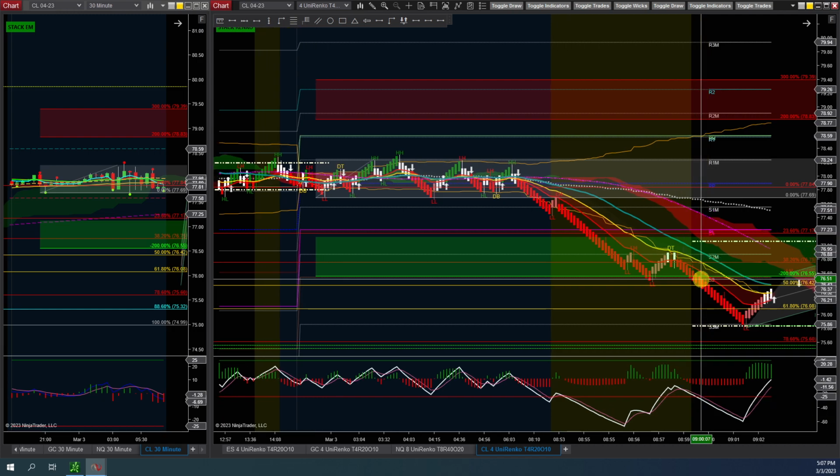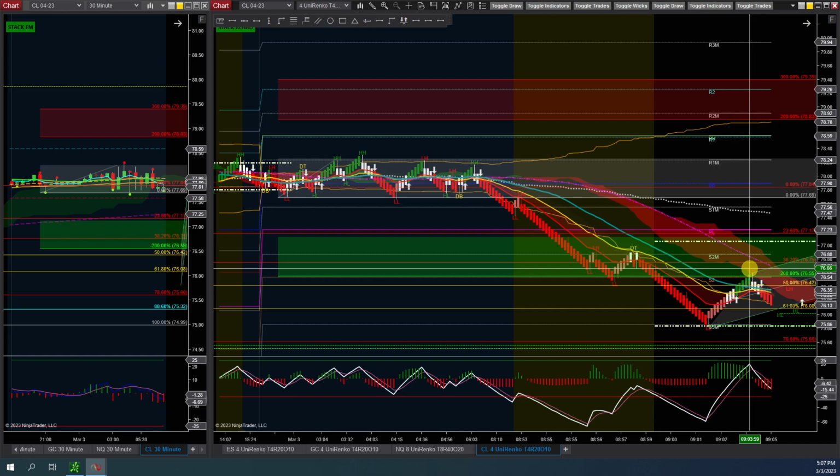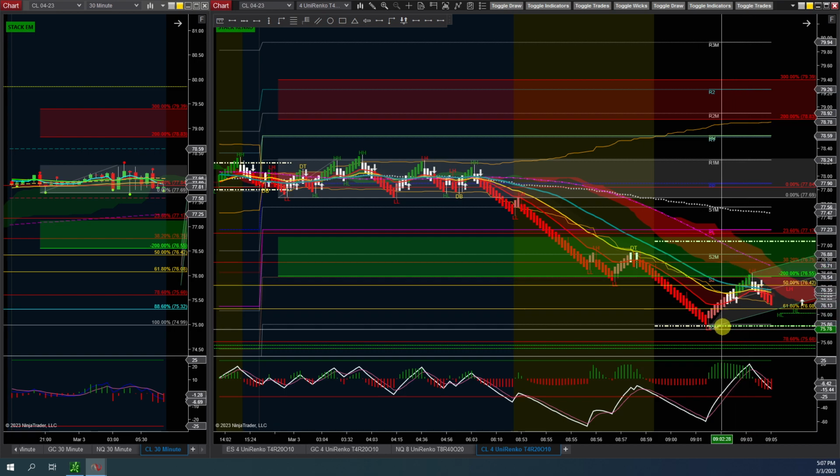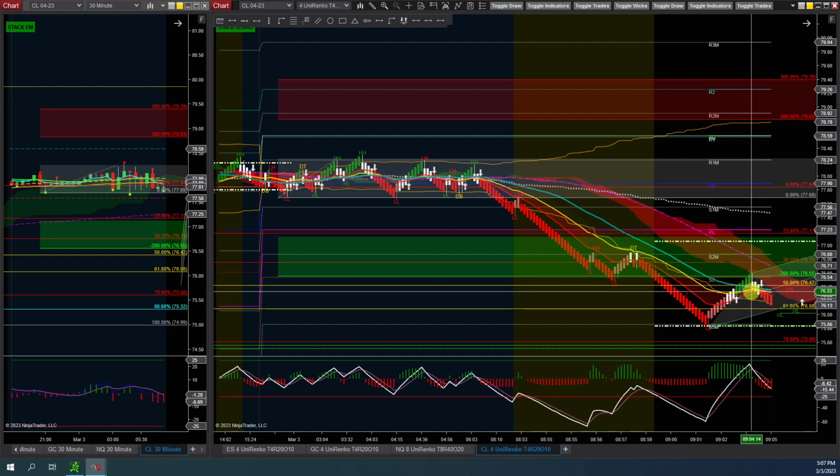So let's see. Price is still moving up, down. I do have another low there, right? A lower high right there, and then momentum is moving to the upside. I'm still looking for shorts.